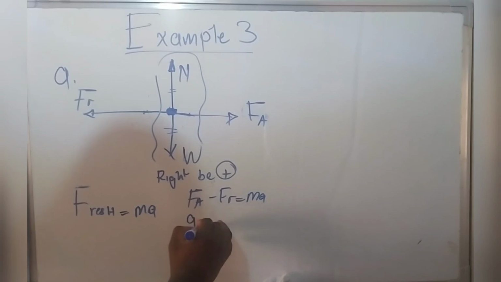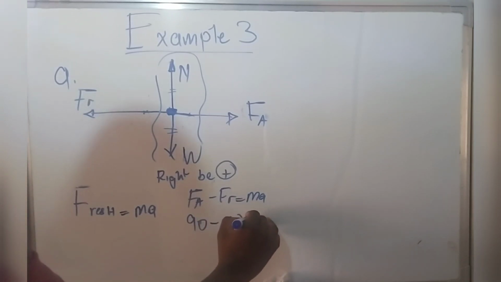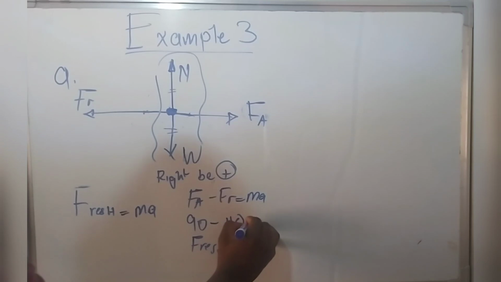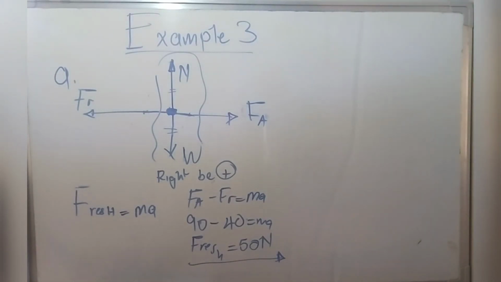The applied force is 90 newtons. The frictional force is 40 newtons. Therefore, F resultant in the horizontal is equal to 50 newtons. So that is how you would find your resultant forces. Let's go to the next example.